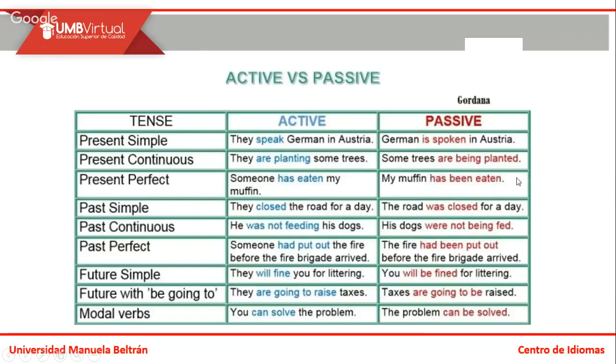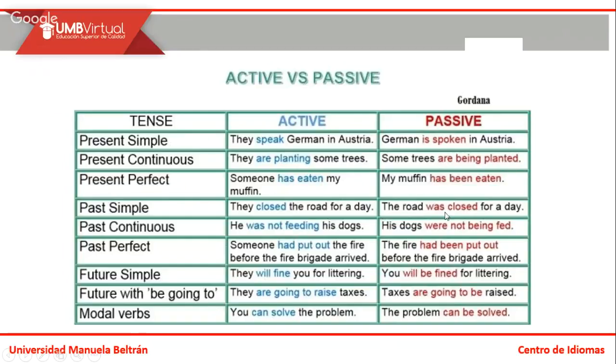Okay? All right. So past simple. Right here, we are going to see those two sentences. They closed the road for a day, right? Entonces, es pasado simple. Sabemos que este verbo es un verbo regular, por eso lo tenemos seguido del ed solamente.